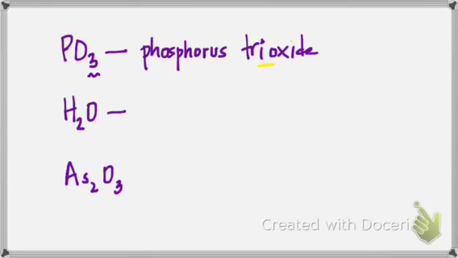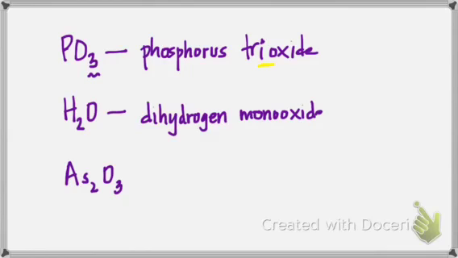So you have H2O in the next example. The first element has more than one atom, so it's going to be dihydrogen. I'm not changing the ending of the first element. And then for the last element, you always use a prefix, and you only have one of them there, so it's going to be mono, and then you're going to change the ending of oxygen to oxide, so now I have monooxide.